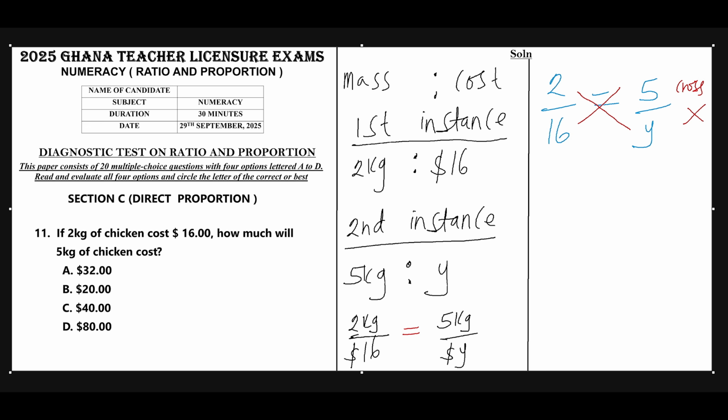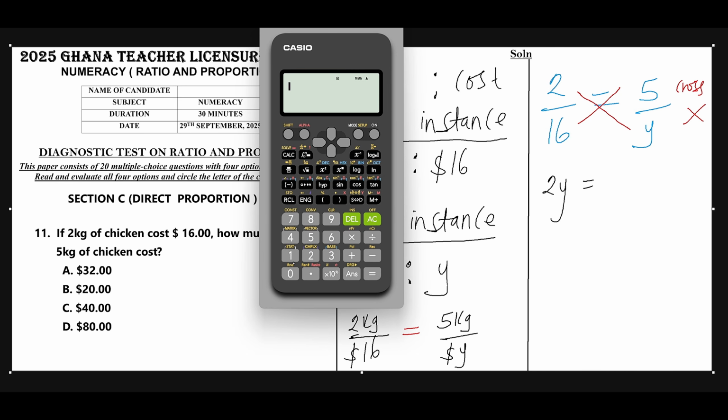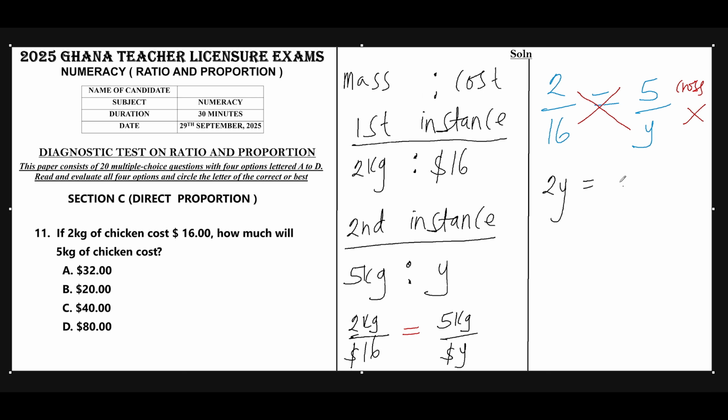So 2 multiplied by Y, we have 2Y. And then 16 multiplied by 5, we have 80. So this gives us 80. Since we are looking for Y, we can divide both sides by 2.